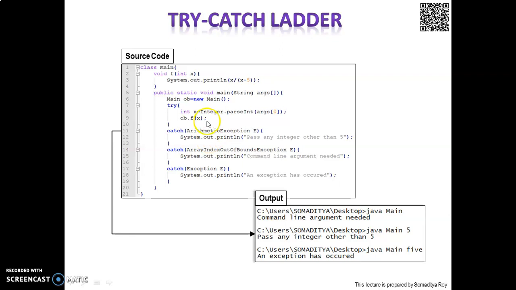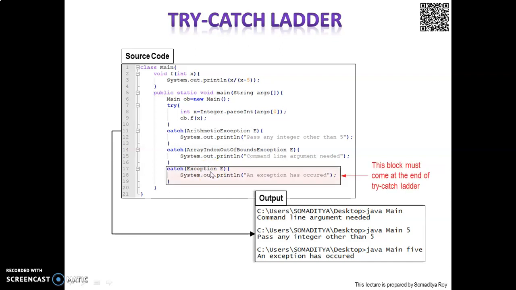So here we have three catch blocks in our ladder. First it is the arithmetic exception catch block, then the array index out of bounds exception catch block, and the last one is the exception catch block. Now here one important thing we need to notice, and that is that arithmetic exception, array index out of bound exception, and all other exceptions are basically subclasses of the generalized Exception class.